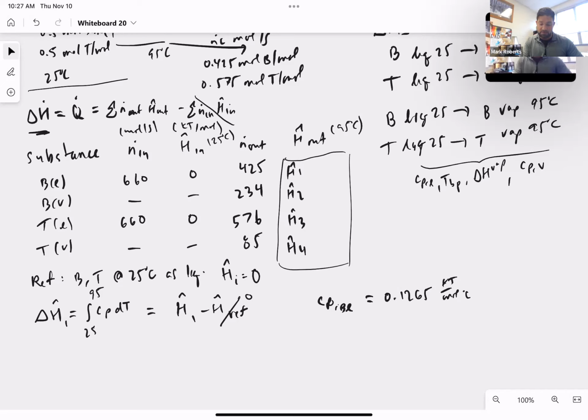Because I have a constant heat capacity, my integral becomes delta H equals Cp delta T. So H1 equals 0.1265 times my delta T, which is 95 minus 25. If I go through and calculate this, I get 8.855 kilojoules per mole.